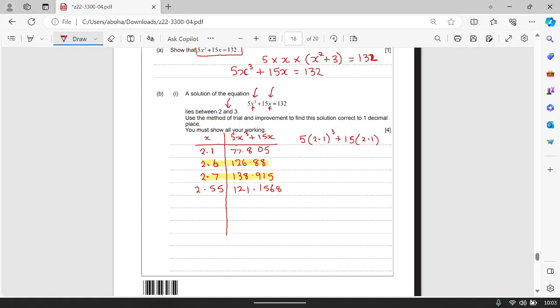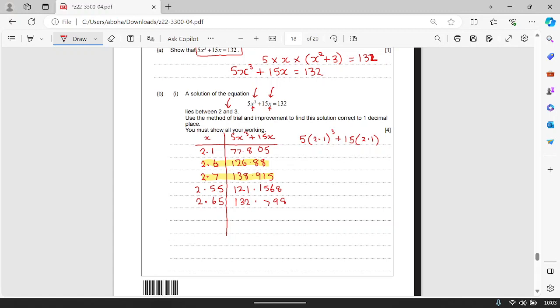Too low. I'm then going to do 2.65. 2.65 will give me 132.798.